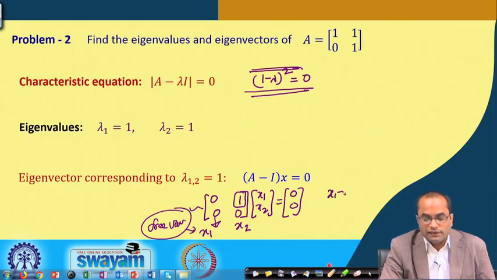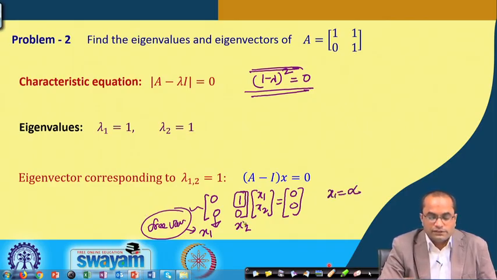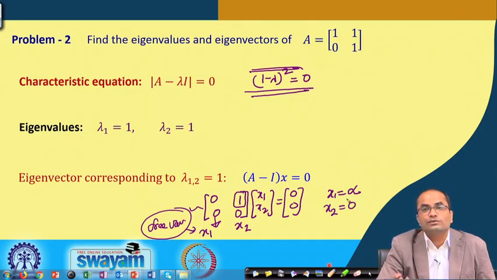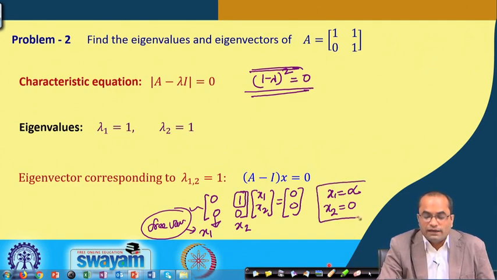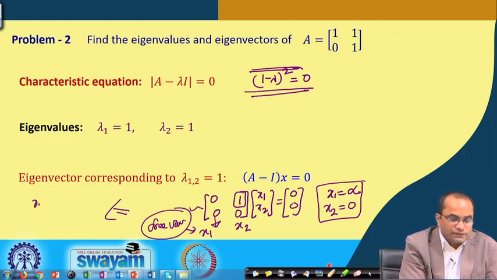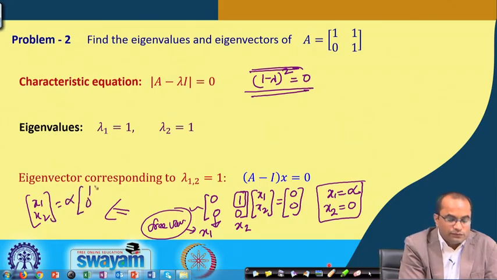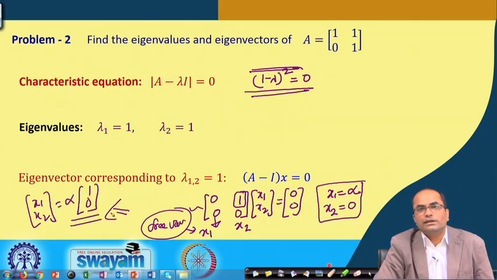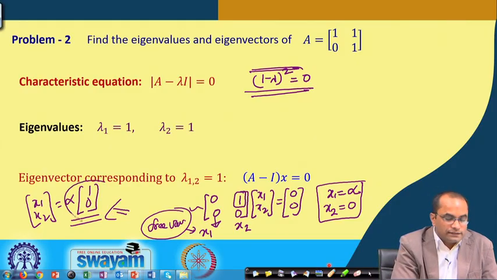So, x1 we are assigning some alpha, for instance, and x2 is already given from the first equation as 0. We do not even have a dependency on this alpha; x2 is always 0, whatever alpha we take. So, our solution of this system of equations is (x1, x2) equal to alpha times (1, 0), and any alpha we can choose, of course.